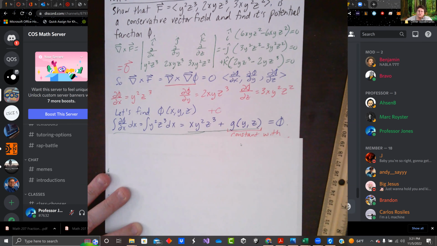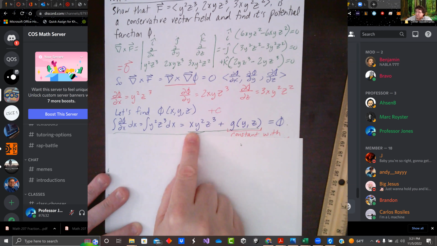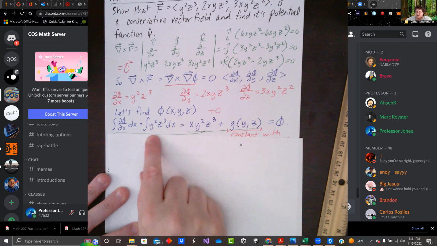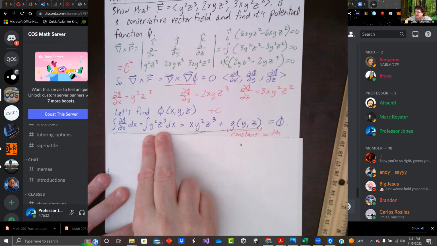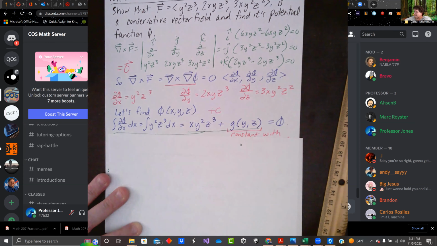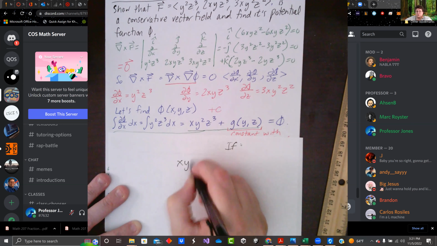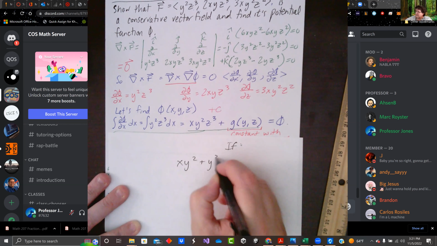But when we're doing partial derivatives, it may not just be a constant. It may be a constant function with respect to the variable. So if I integrate this with respect to x, it just becomes xy squared z cubed, but we haven't addressed y and z. Any function of y and z, like let's say we had plus y squared z. This was xy squared z cubed plus y squared z.